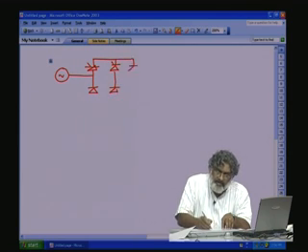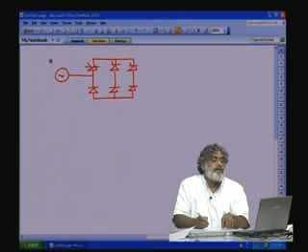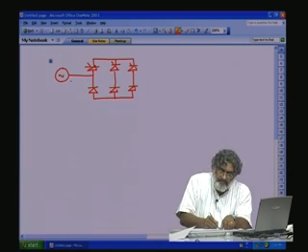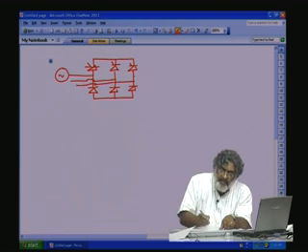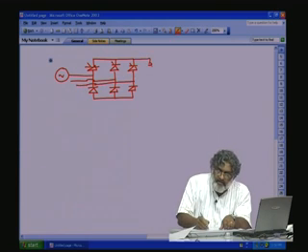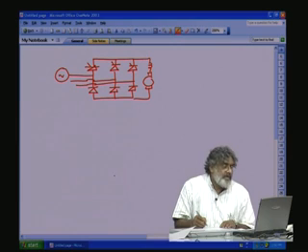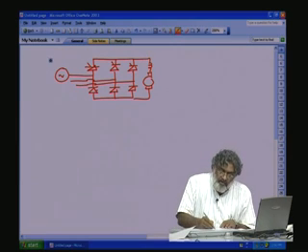So, this is the E1, E2, E3. Here is the load. Okay. Now, we have diodes here.